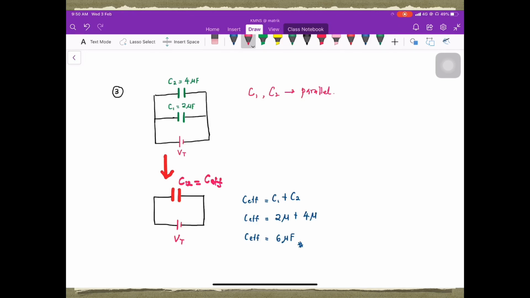So how? By using the equation of parallel, substitute C1 2 microfarad plus C2 4 microfarad. Therefore, the answer is 6 microfarad.